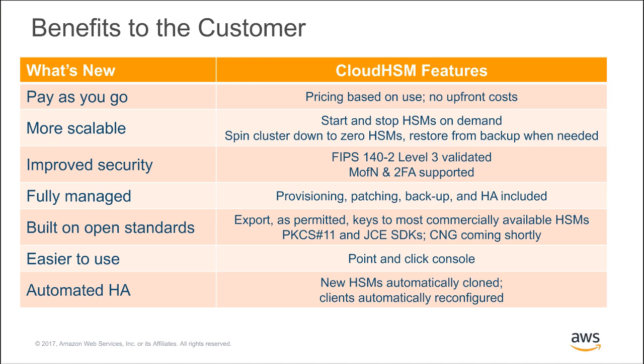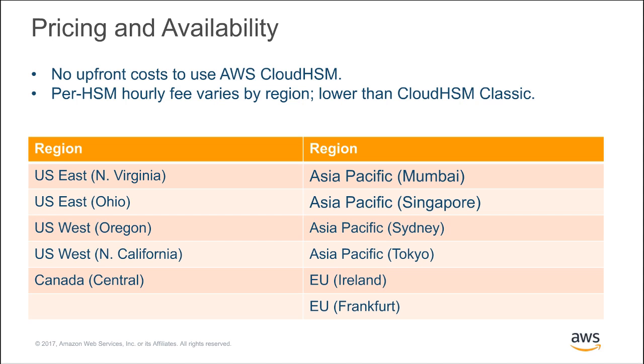And you have automated high availability. So new clients are automatically reconfigured as the cluster configuration changes. Any new HSM in the cluster is automatically cloned, as we saw. And if for any reason there were to be a hardware failure, the replacement of the HSM is automated as well. We have CloudHSM available across 11 regions today.